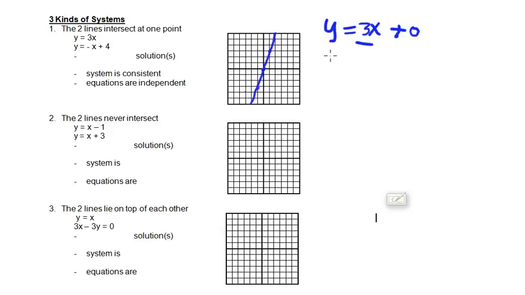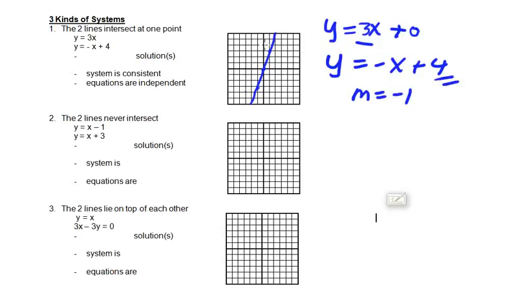For our second equation, y is equal to negative x plus 4. We see that our slope is the coefficient of x, which is equal to negative 1, and our y-intercept is 4.